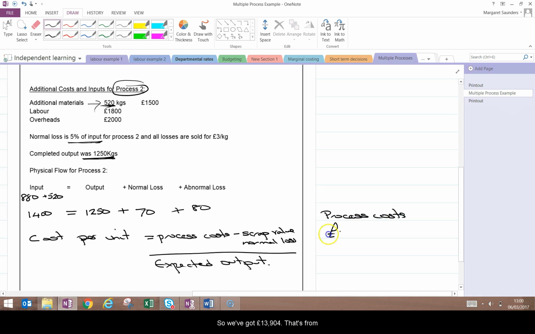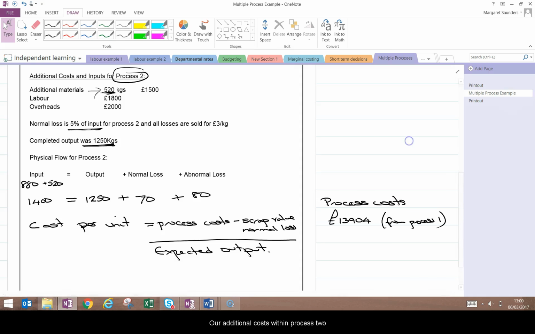So we've got £13,904. That's from process 1. Our additional costs within process 2 are the £1,500 of material, the £1,800 of labour, and the £2,000 of overheads.